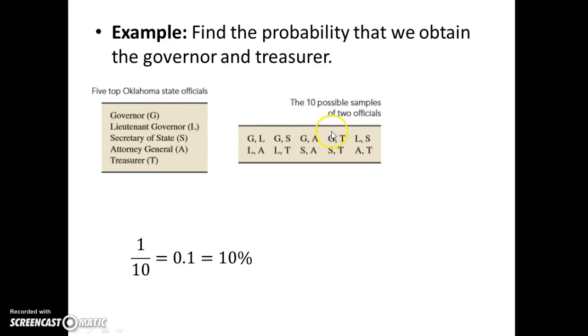These are all the possible outcomes, the 10 ways you can choose 2 officials from 5. What we're looking for is the governor and the treasurer, and only 1 of the 10 is that. That's why we get this ratio. 1/10 is 0.1, or you can say 10%.